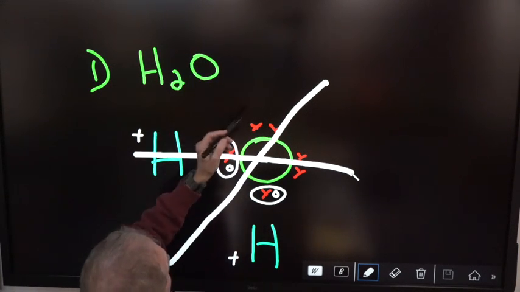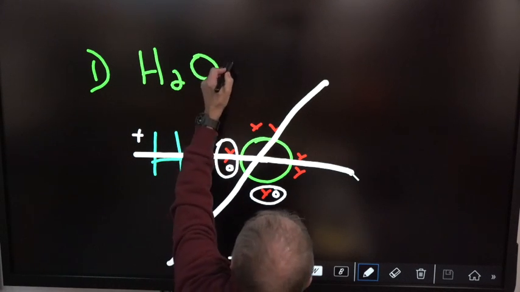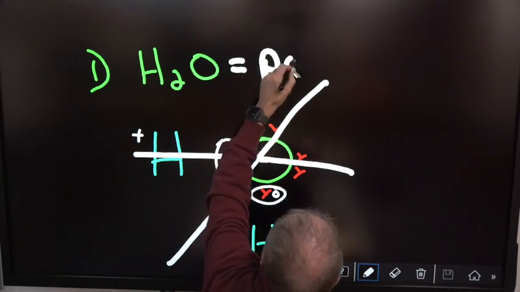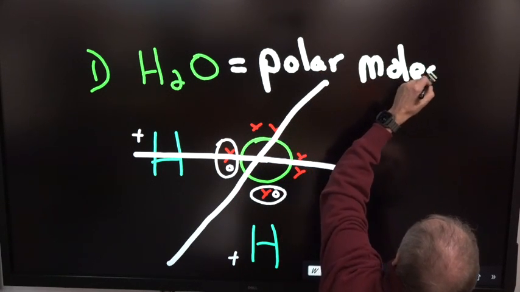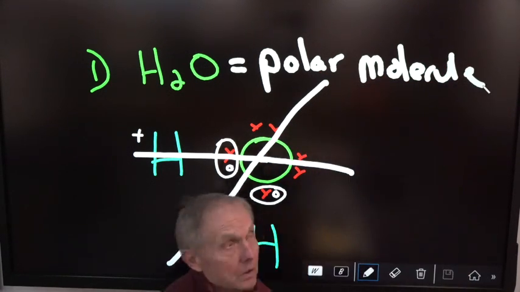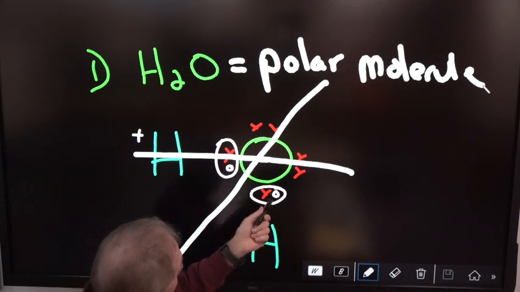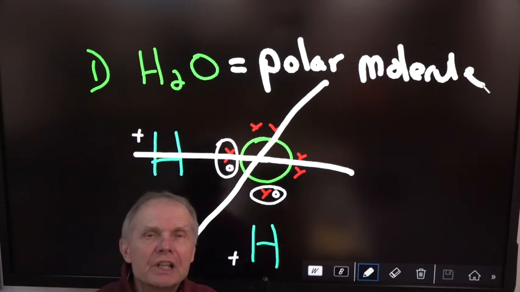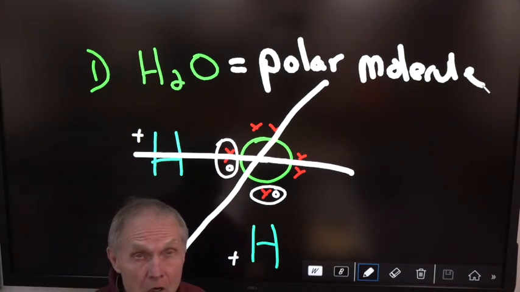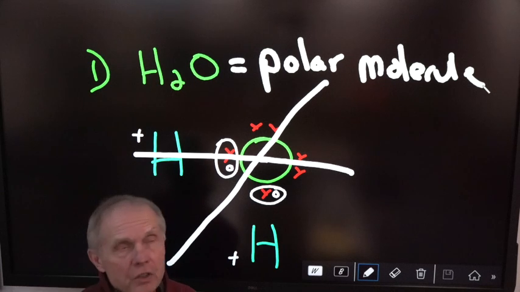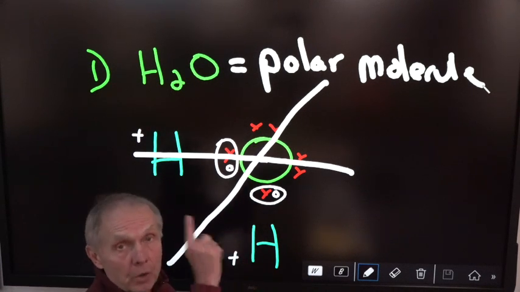So the water molecule is a polar molecule. So water has polar bonds because it's unequal sharing, and since it's asymmetrical, it's a polar molecule. So water, polar bond, polar molecule.